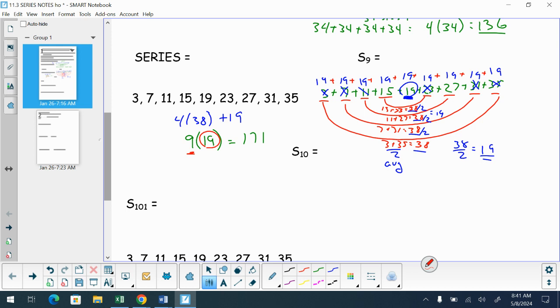So really, we don't need to have all the terms there. What's important is, what is my first and what is my last? Because I can average the first and last term together. We can average our first term.